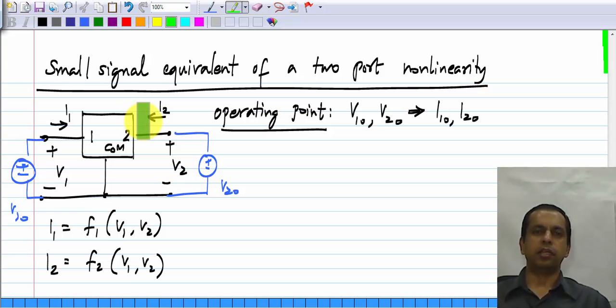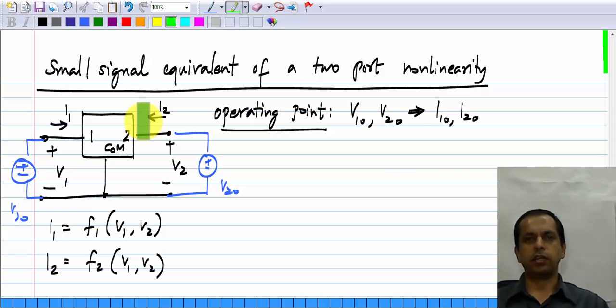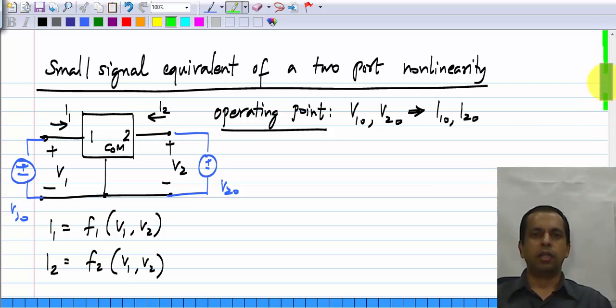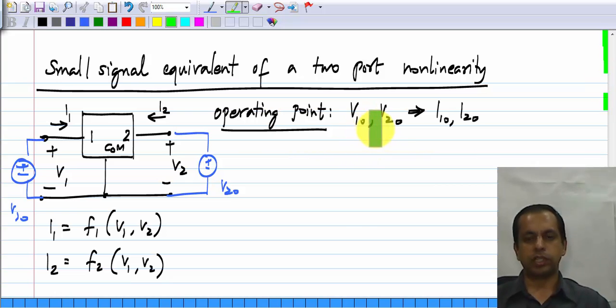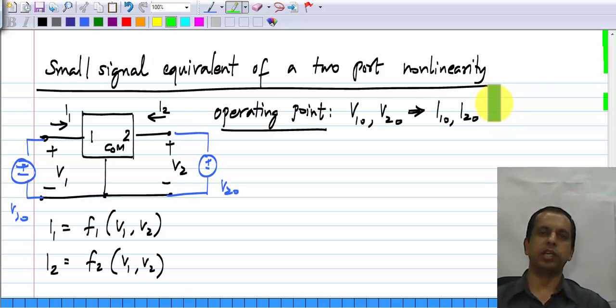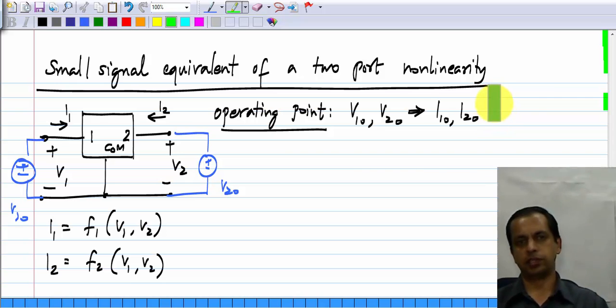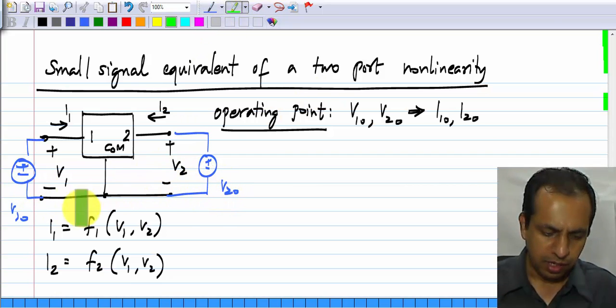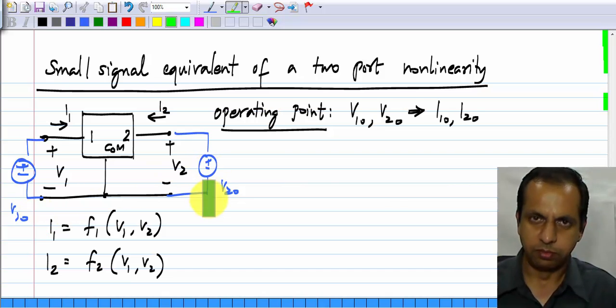It is basically, you have this nonlinear element in a circuit, and at some particular point where you choose to do the analysis, you have solved the nonlinear equations and found the solution. That combination of voltages and currents happens to be V1 0, V2 0 and I1 0 and I2 0. Essentially, it is the first point at which you do the analysis. Okay. But if it helps you, you can think of it as something like this, and then you can apply increments to these voltages.